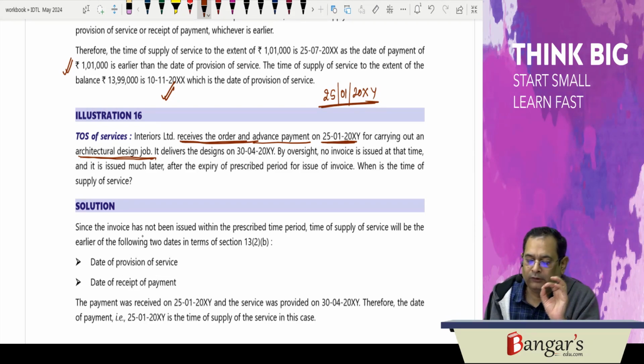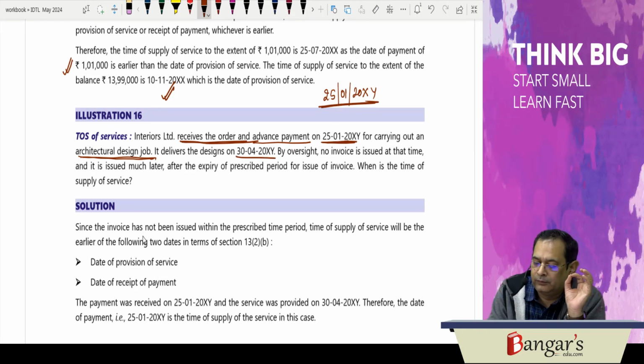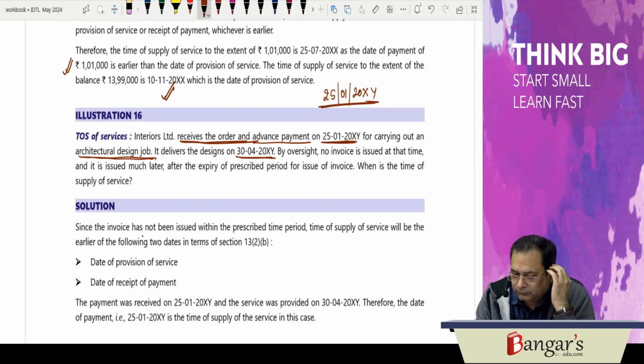It delivers a design on 30 April. By oversight, no invoice is issued at that time, and the invoice is issued much later after the expiry of the period prescribed for issuance of invoice. What is the time of supply?